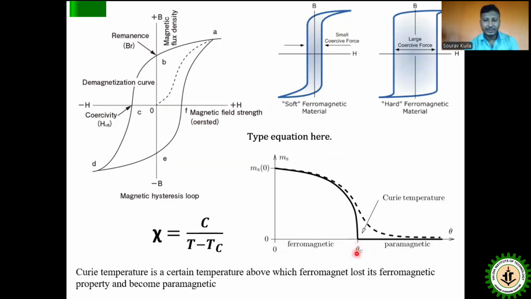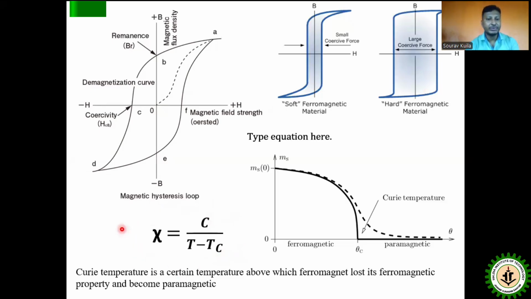This certain temperature is called the Curie temperature. The Curie temperature is the temperature above which a ferromagnetic material becomes a paramagnetic material. The dependency of ferromagnetism on temperature can be expressed by this equation. This is called the Curie-Weiss law.